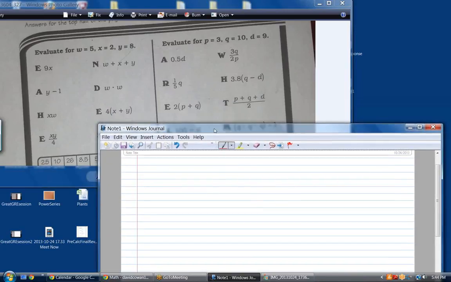Okay. 2 times P plus Q. Okay, that'd be 2 times 3 plus 10. So first you would do 10, and then you could do like 2 times 3 and then 2 times 10. Actually, the better way to do it is to use PEMDAS. You know what PEMDAS is?